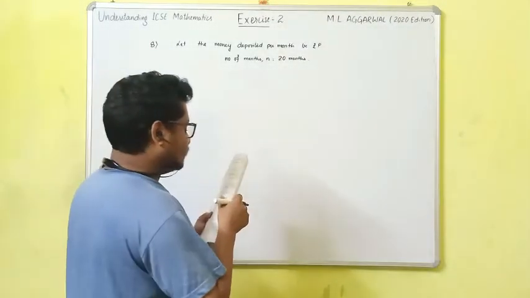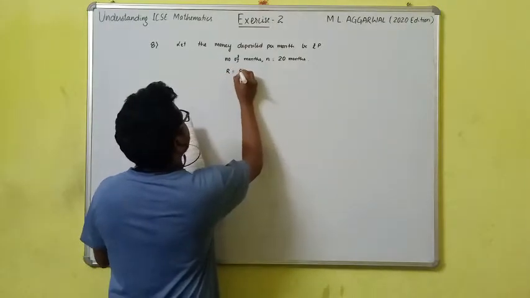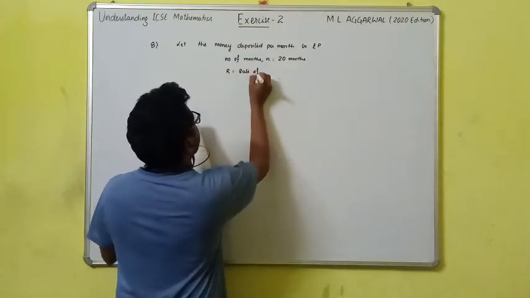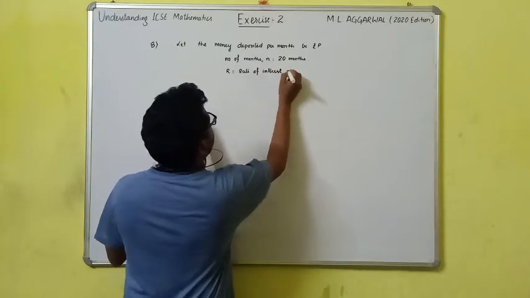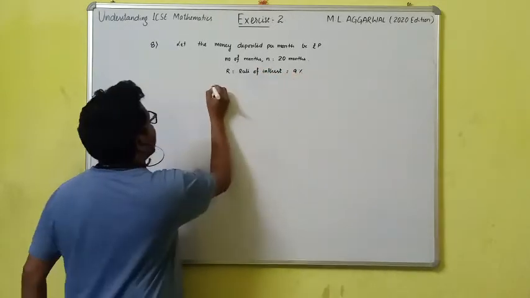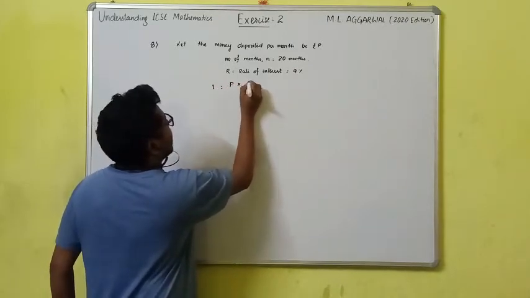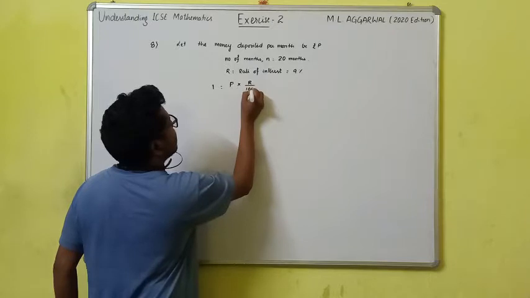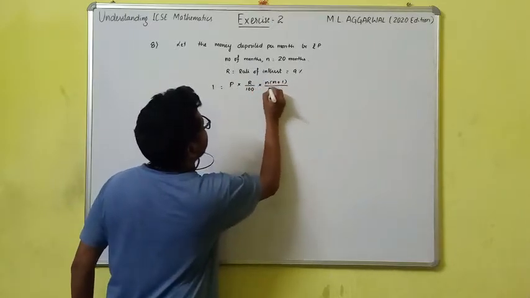Then R is equal to the rate of interest, which is 9%. So I is equal to P into R by 100 into n, bracket n plus 1 by 2 into 12.